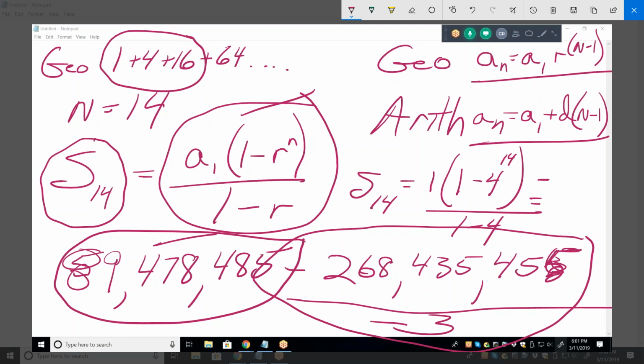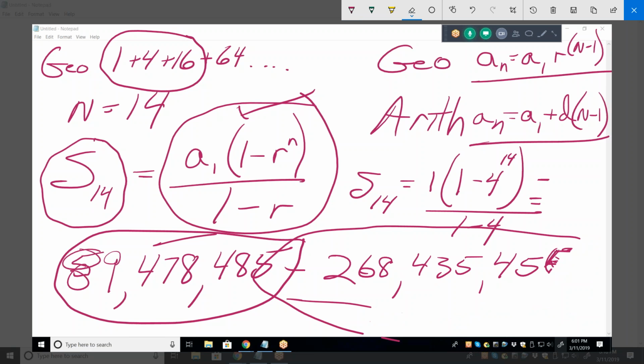This is a sum formula for a geometric series. You probably don't have any problems for the arithmetic because you're done with that and you're on to geometric now, right? Yep. Okay.